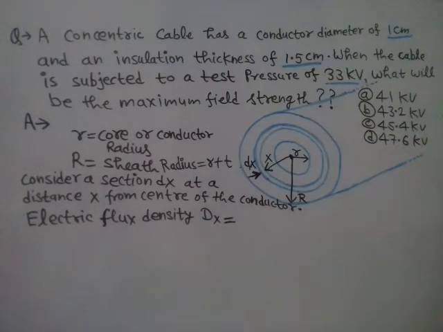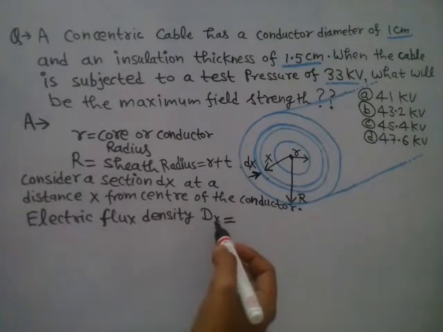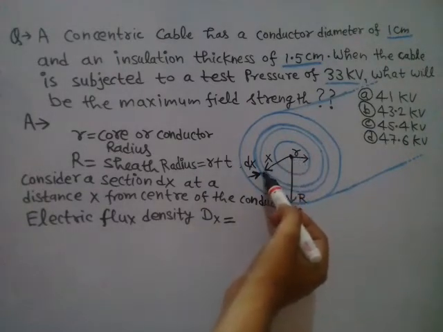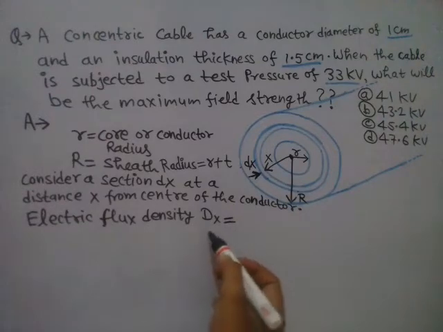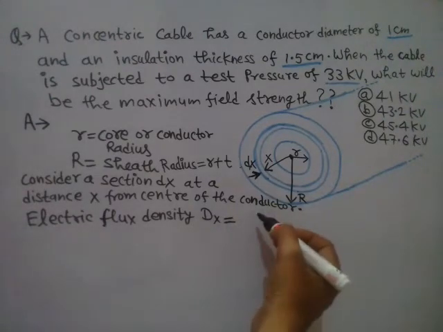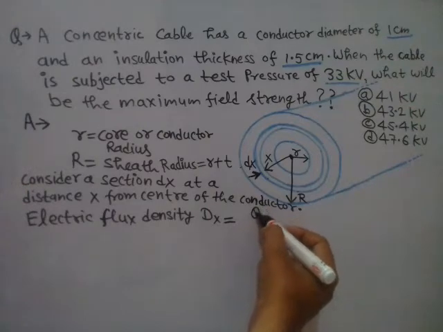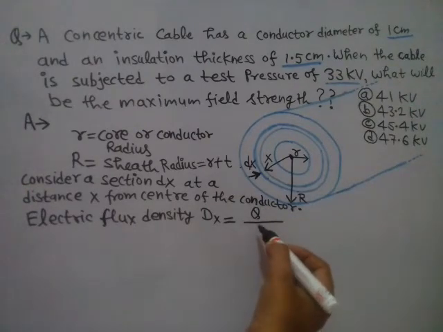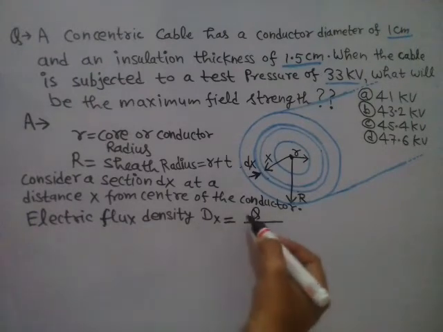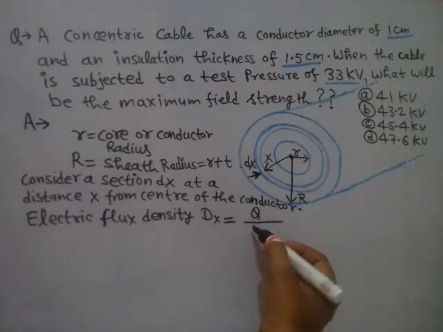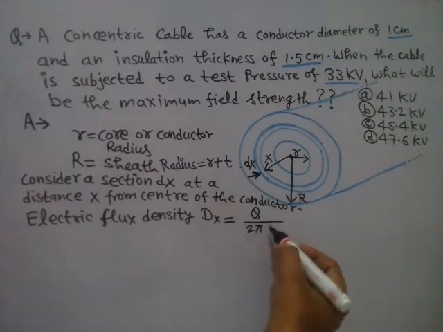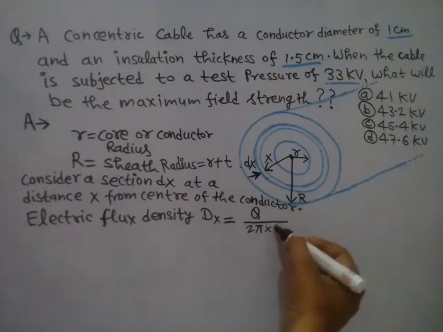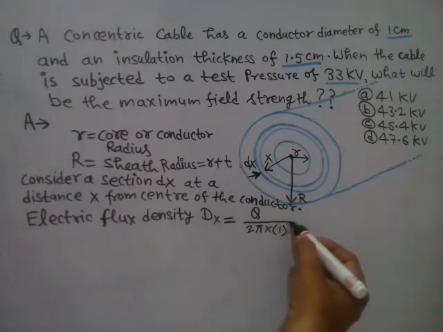The electric flux density at a distance x from the center, D suffix x, will be expressed as charge Q divided by 2 pi x into the unit length of the cable, that is 1.